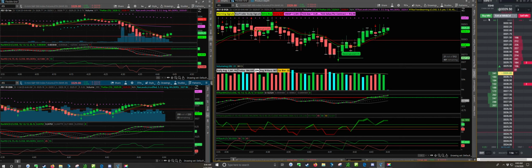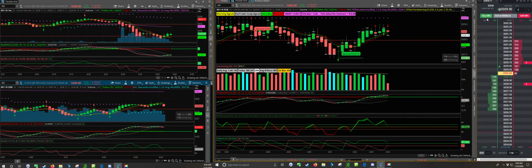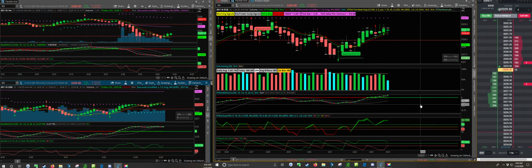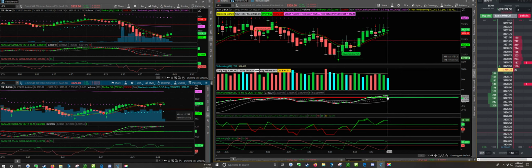We are above the zero line, so we should be going into a bull run right now. Let's just take turns back. 29.5 long, 28.5 short.